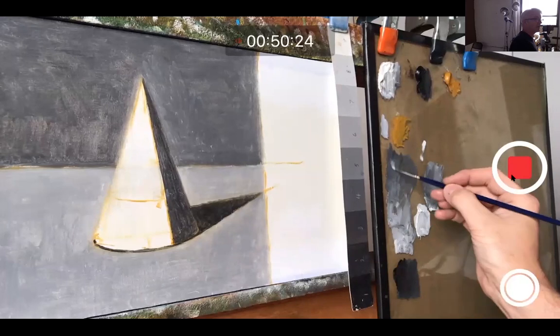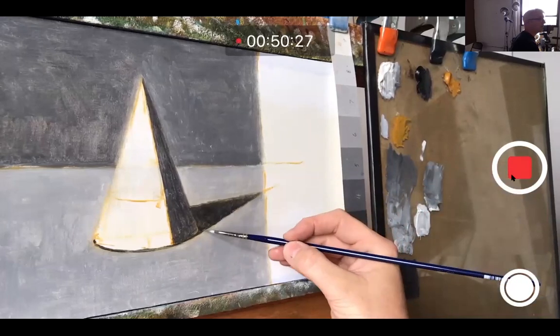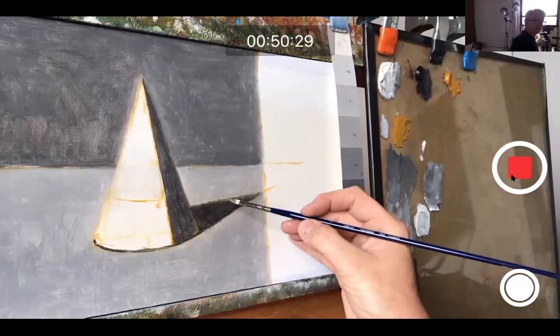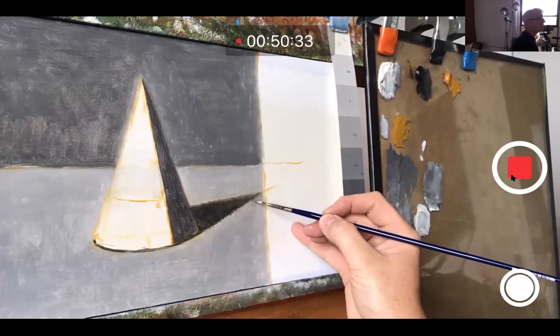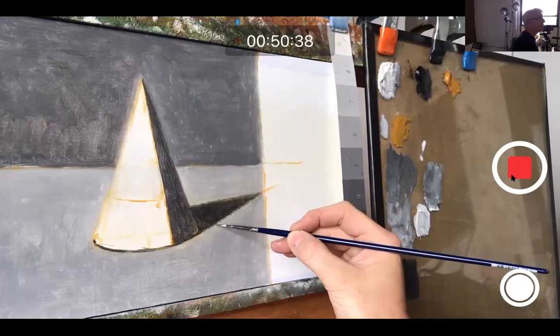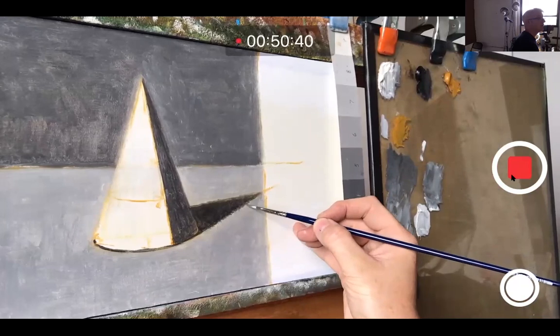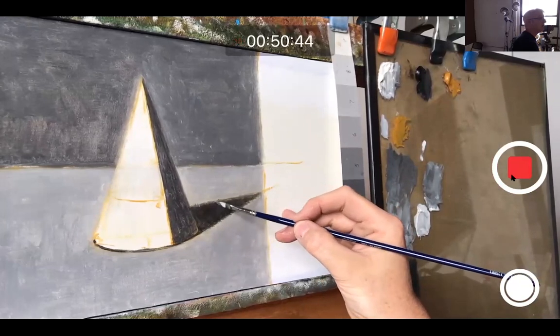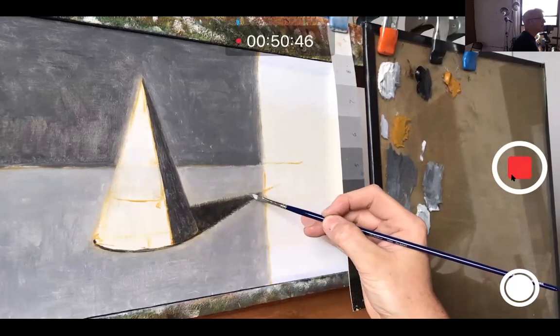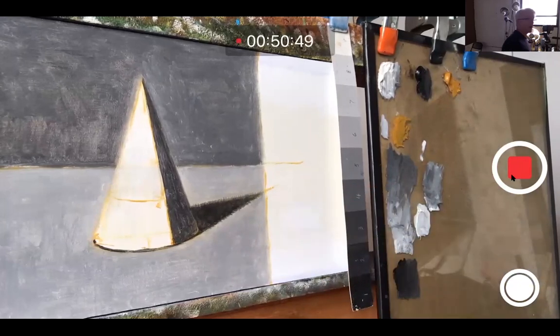So I'm going to mix a mid-tone value, and I'm going to sort of stitch in mid-tone value, just to indicate the softness of that value, or what we sometimes refer to as the penumbra.